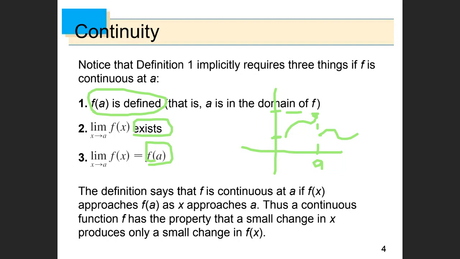The limit can exist, but f of a is not defined. f of a can be defined, but the limit does not exist. Why? Because the limit from the left is different from the limit from the right. And it's true most of the time when you get a piecewise function. It can happen that f of a is defined, but the limit itself does not exist. Hence, you don't have continuity.